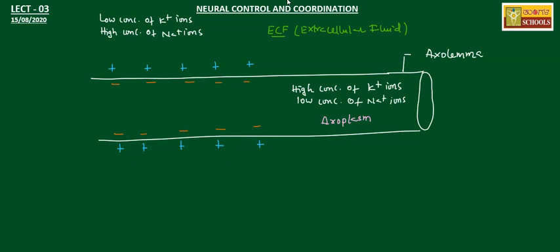Here we have already seen it, so I'm not going to discuss it, because they are permanently located in the axoplasm, and we don't see any movement of those negatively charged proteins in and out of the axoplasm. So I'm not mentioning it. Here we will mainly concentrate on sodium and potassium ion movement.